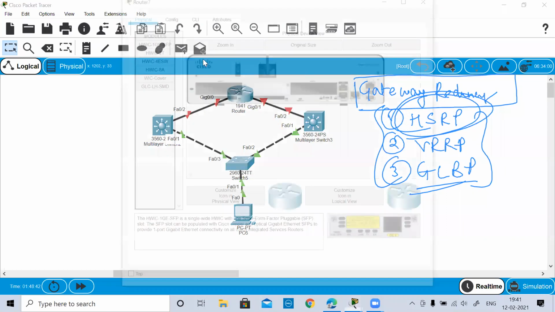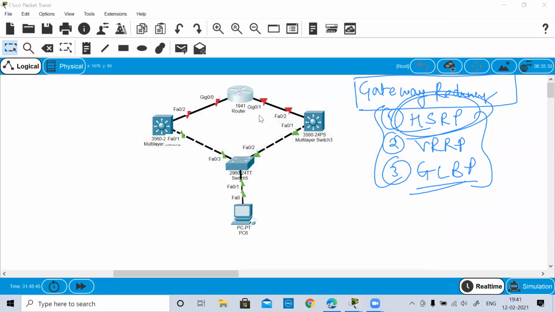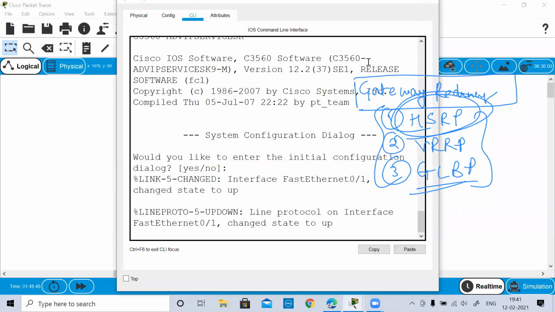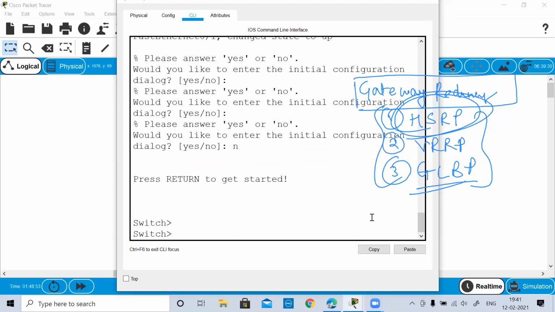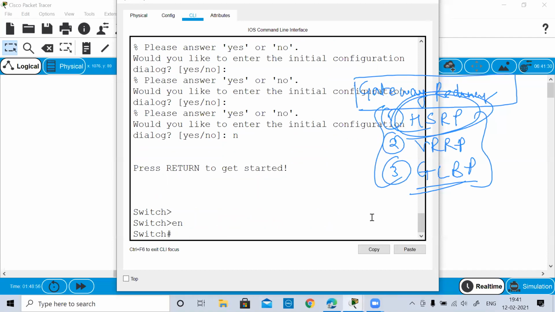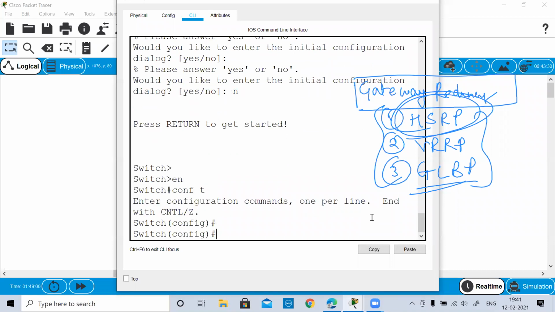Let me get inside the switch first. Here I am going to first get inside my VLAN. I'm going to get into VLAN 1, and we know that we can assign the IP for the VLAN.